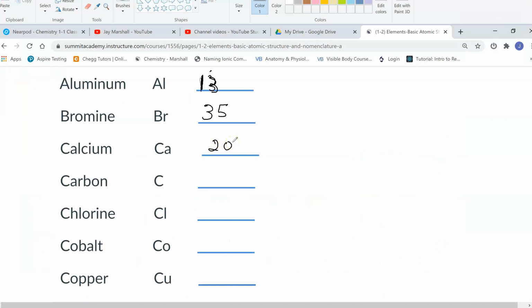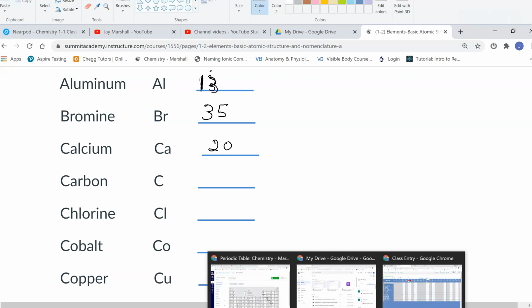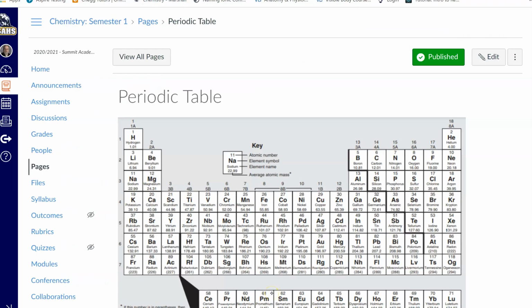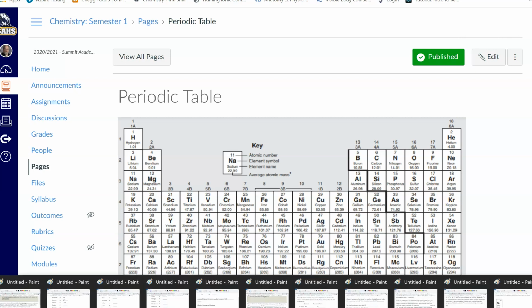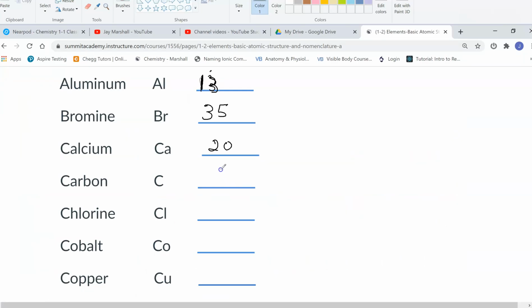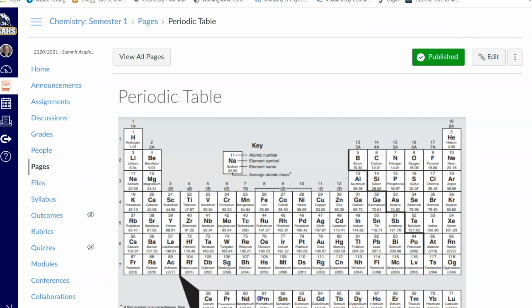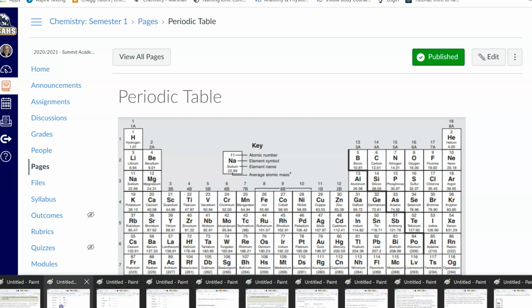And then carbon is going to be element number 6. And then chlorine is going to be over here in column 7A. So that's element number 17.